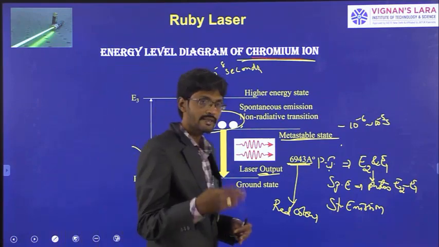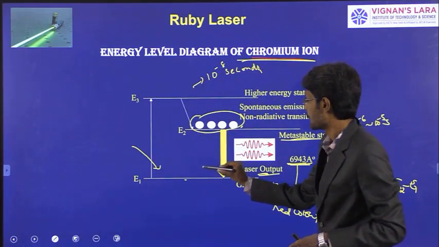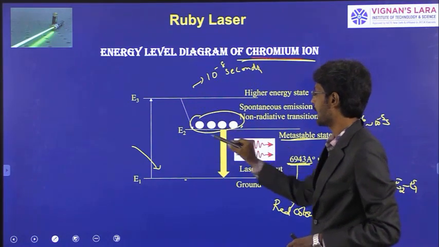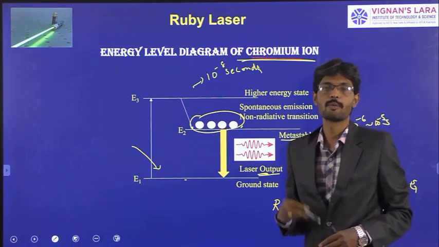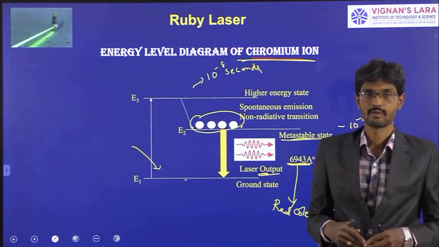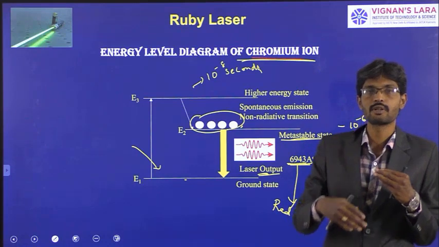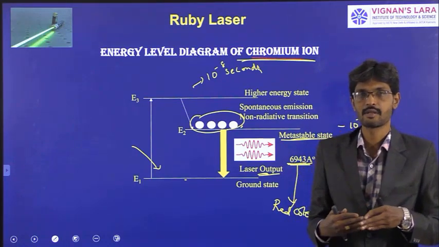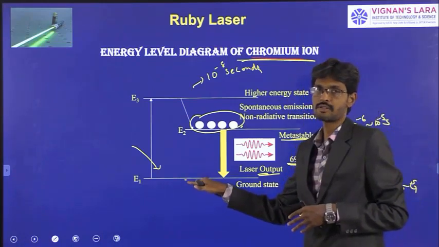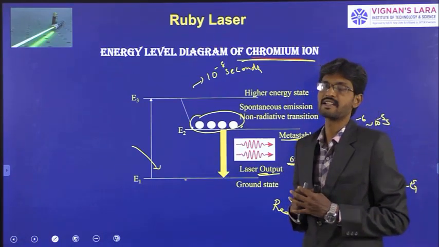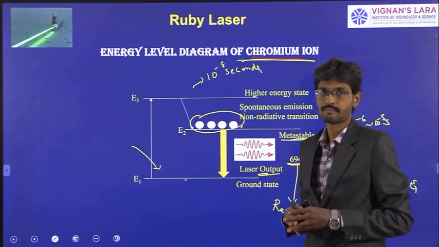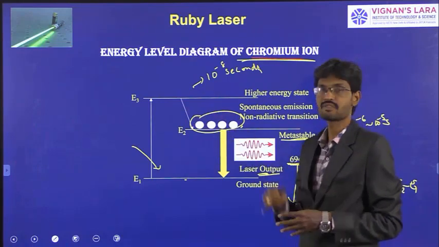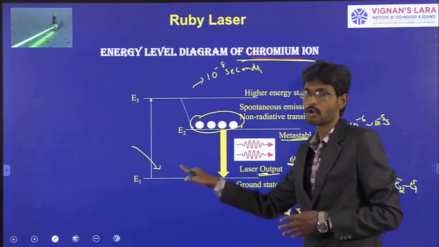Now see, in this ruby laser, we are making the chromium ions go to E3 and E2. As time goes on, chromium ions accumulate at E2. After a certain time, even though the xenon flash lamp produces light flashes, there will be no chromium ions in E1 to absorb the light energy and go to E3, because most of the chromium ions are accumulated in E2 and there will be none in E1.